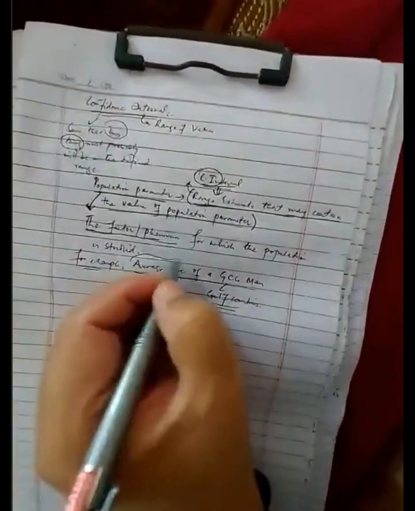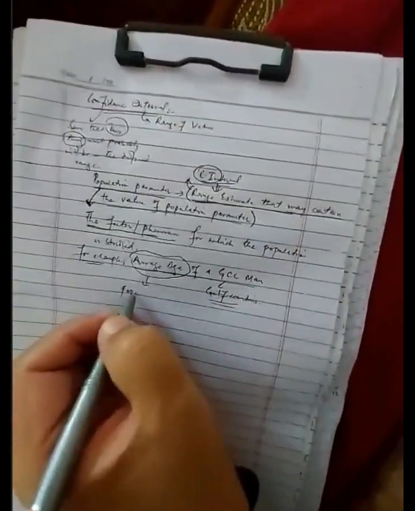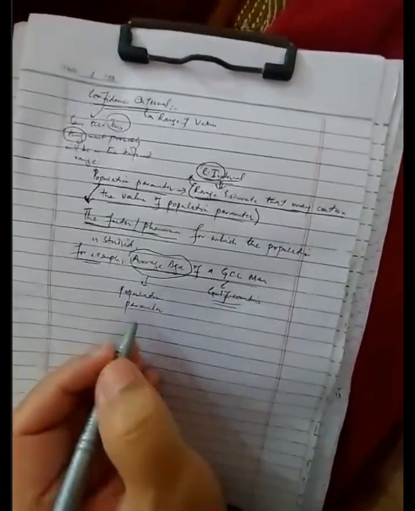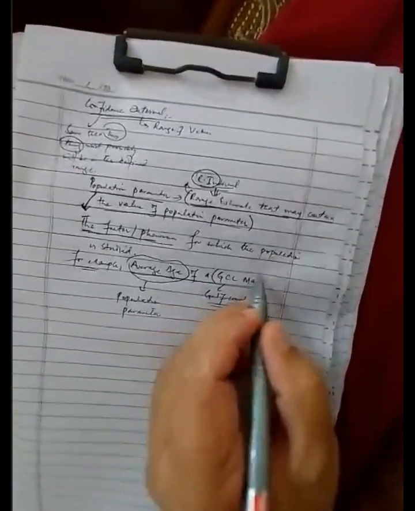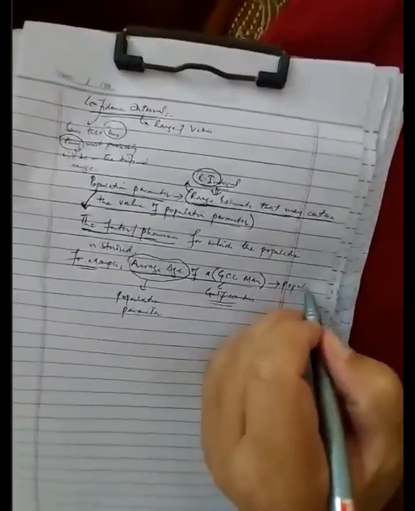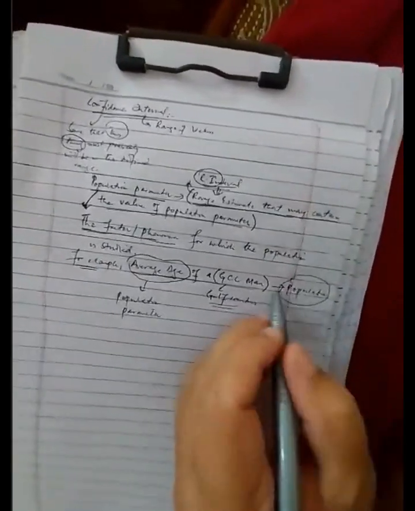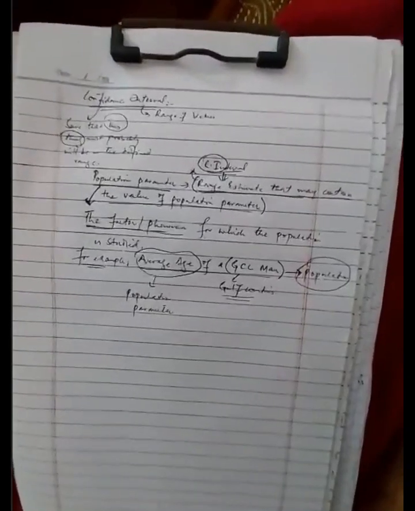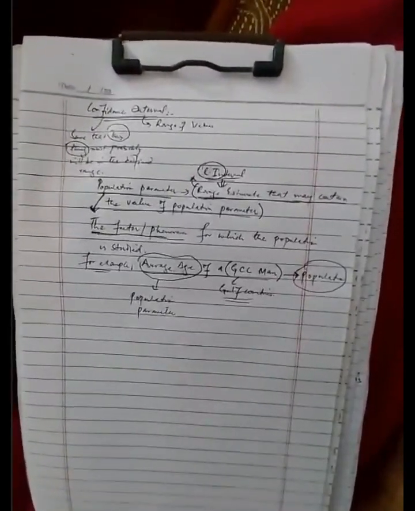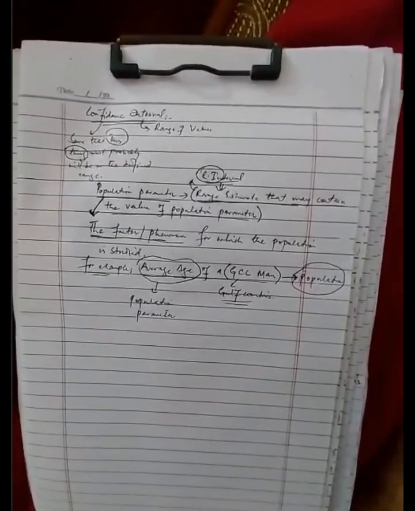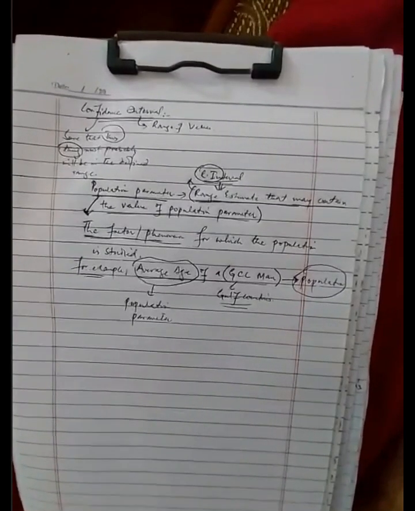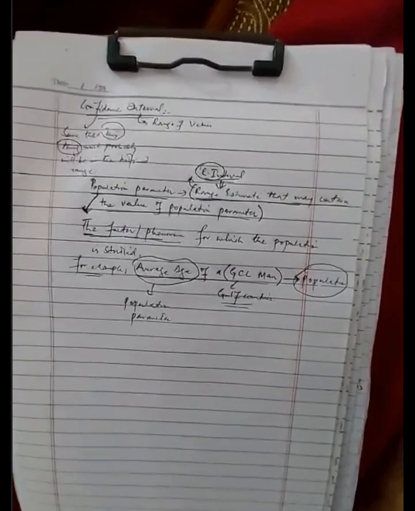So this average age is the population parameter that we want to investigate. And the GCC men, this is the population. Do you understand my point? So what we do with the confidence interval is find things about the population of interest.